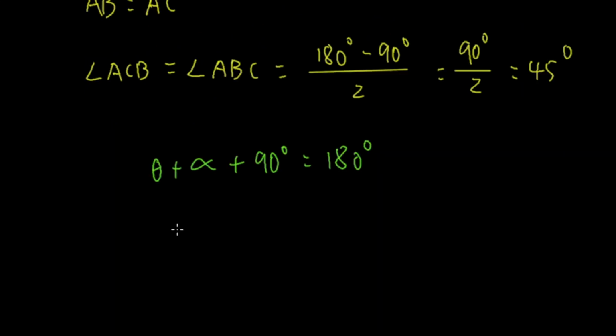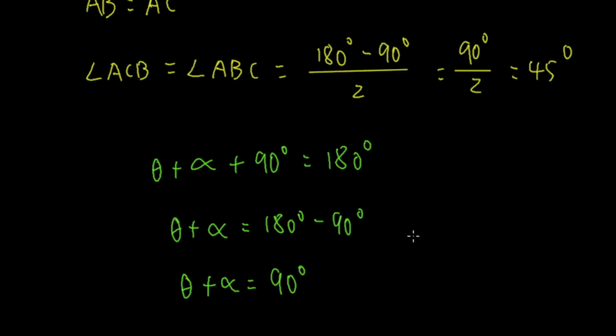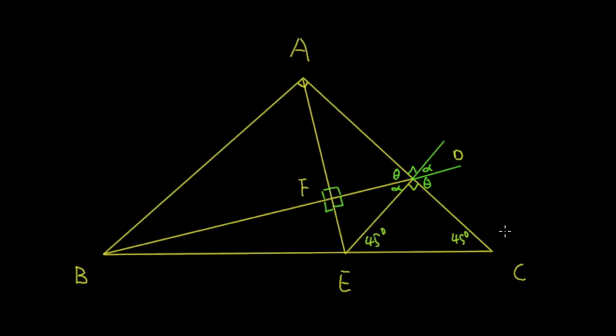From here, we know that theta plus alpha equals 180 degrees minus 90 degrees. Theta plus alpha equals 90 degrees. Okay, here. So this is 90 degrees. That's right, because this is 90 degrees, this should be 90 degrees, this is 90 degrees, and this should be 90 degrees, right?